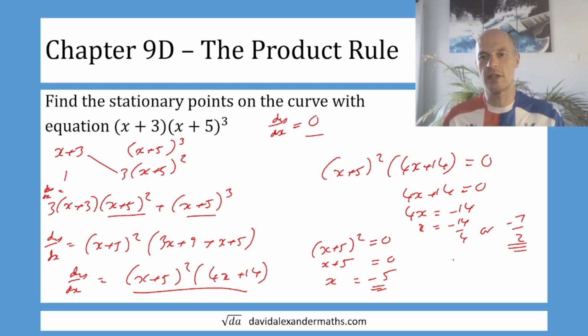So one coordinate is going to be minus 5, 0, and using negative 7 over 2, so negative 7 over 2 plus 3 multiplied by negative 7 over 2 plus 5 raised to the power of 3, I'm getting minus 27 over 16. So these are the stationary points, minus 5, 0, and negative 7 halves, minus 27 over 16. So there we have our two stationary points.